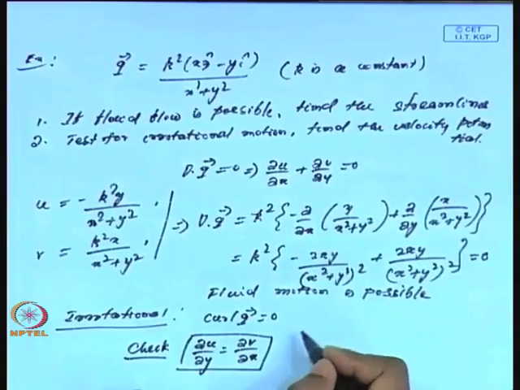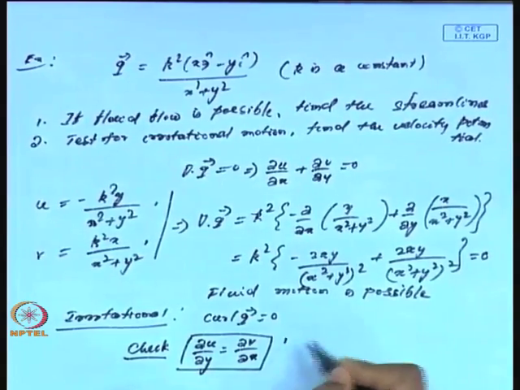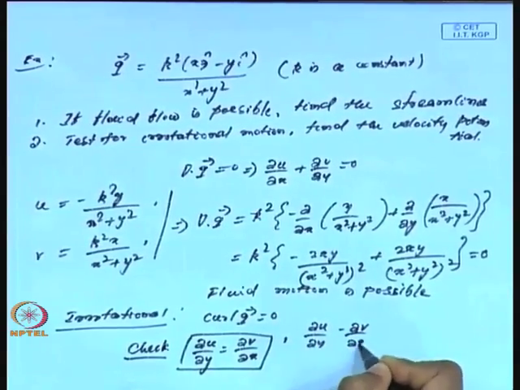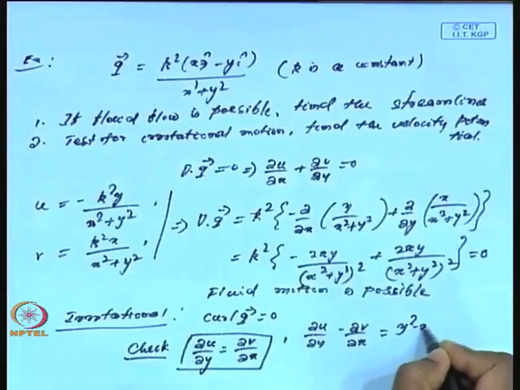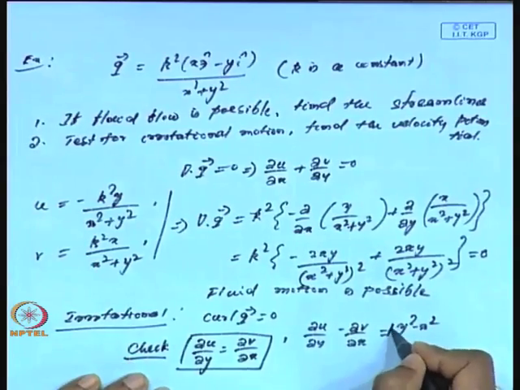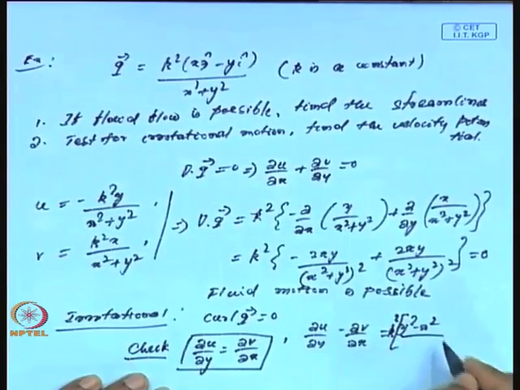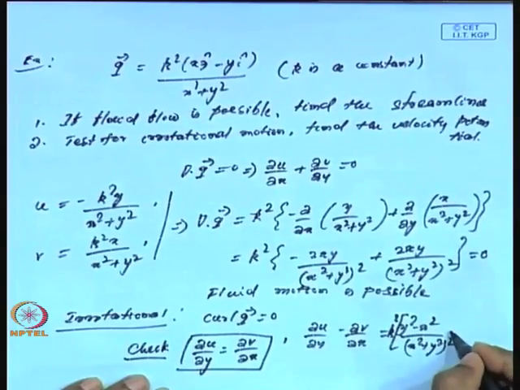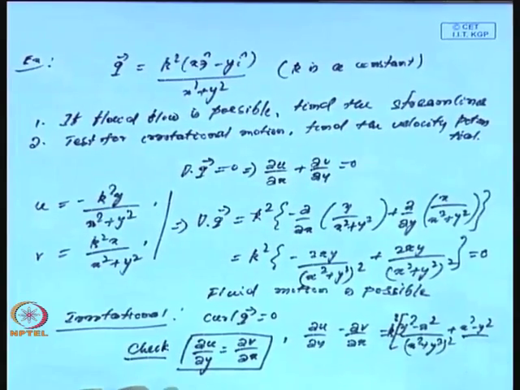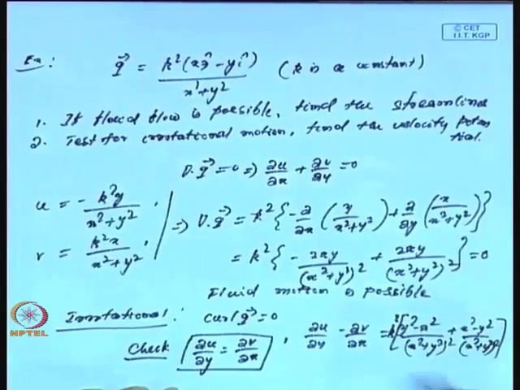Here you can see that del u by del y minus del v by del x gives k square times (y square minus x square) by (x square plus y square) square, plus (x square minus y square) divided by the same, and that gives us 0.